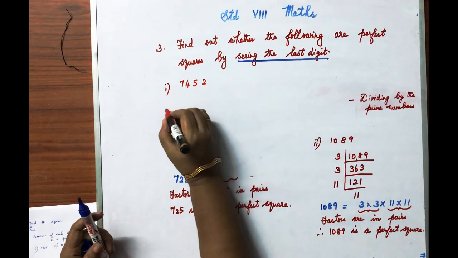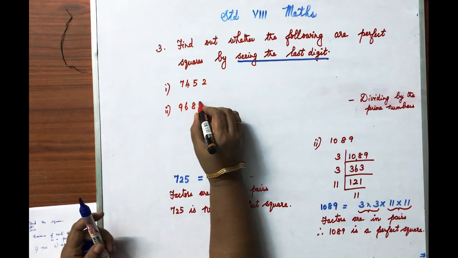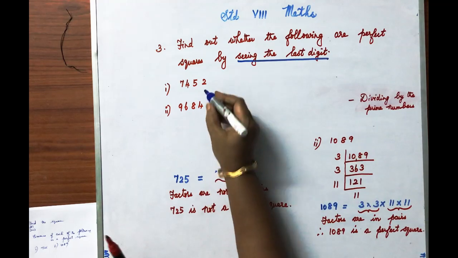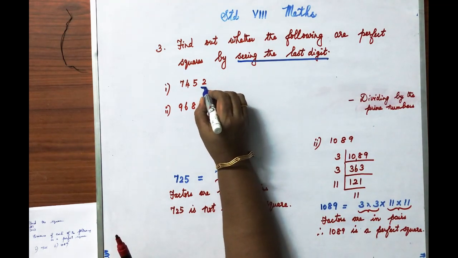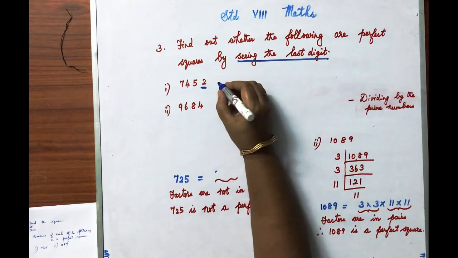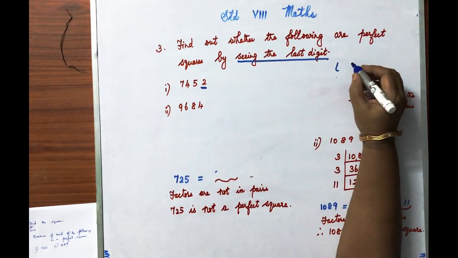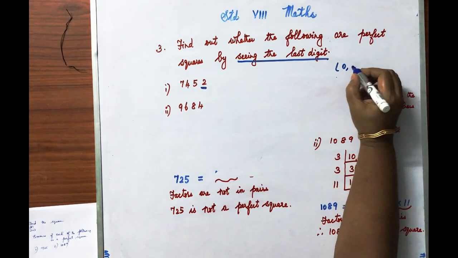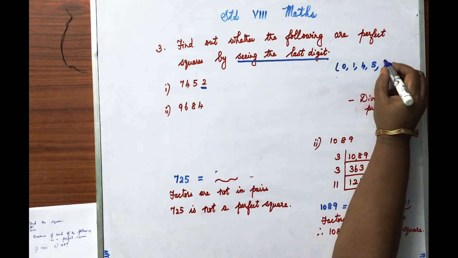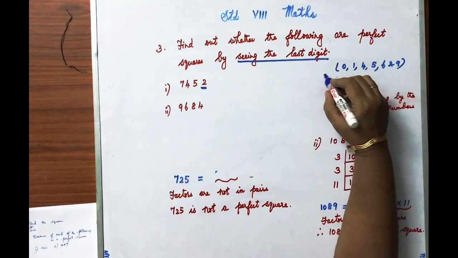7452, 9684. So how will you find out now? By seeing the last digit, we have to see the number in ones place. So the number in ones place is 2, so it is not a perfect square. We have already studied, if the last digit is 0, 1, 4, 5, 6 and 9, the numbers can be perfect squares.